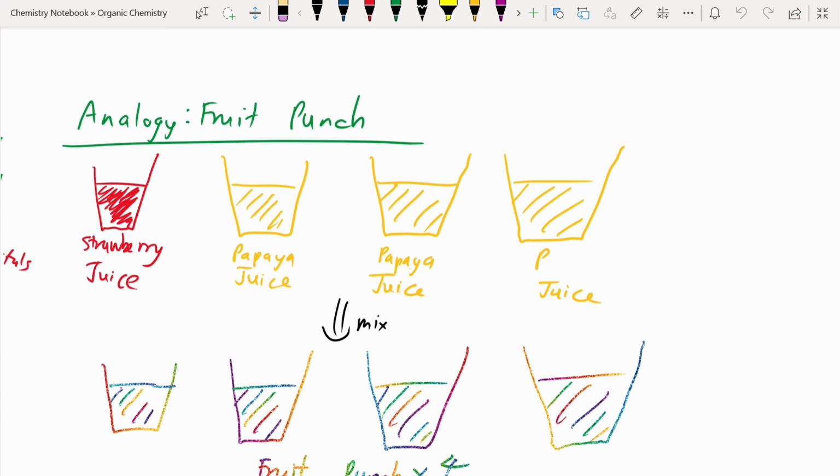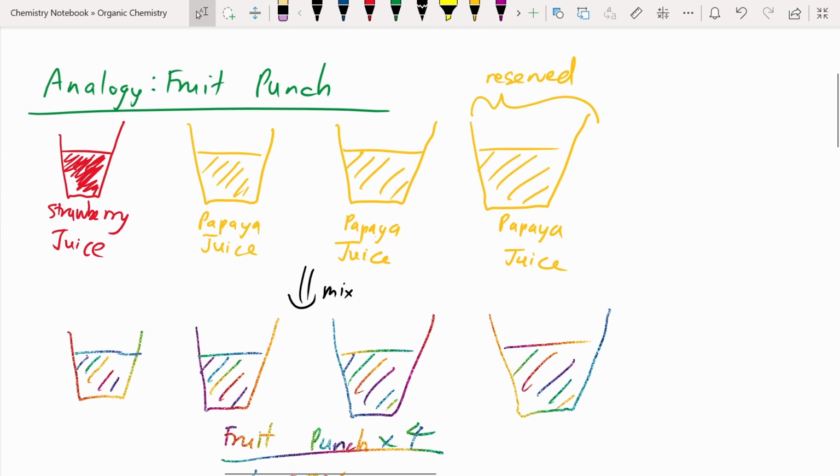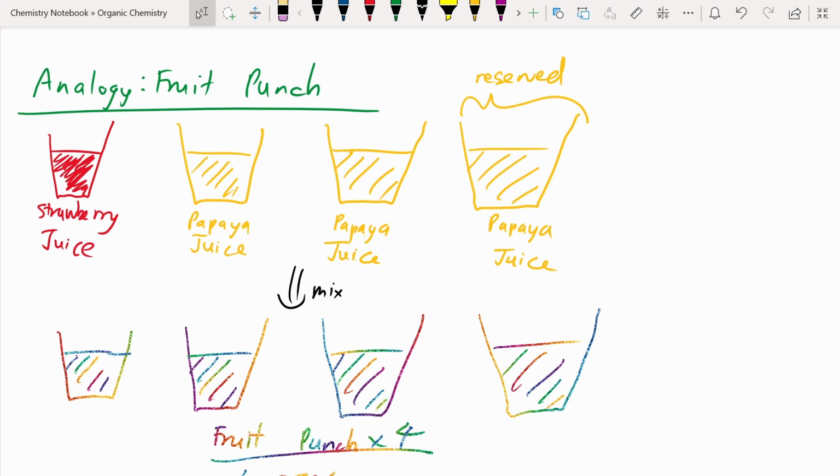So in this case, we decide that we should reserve one papaya juice for your friend who is allergic to strawberry juice, so that at least he drinks papaya juice and won't have any major injuries.